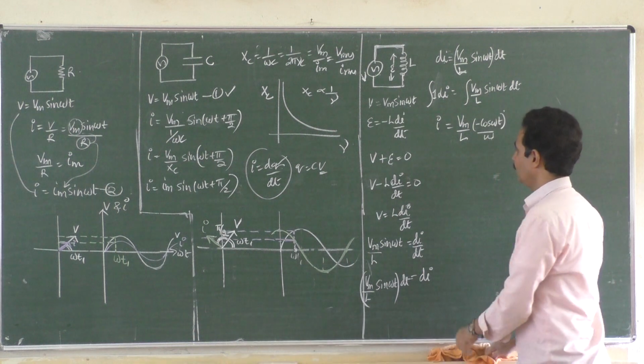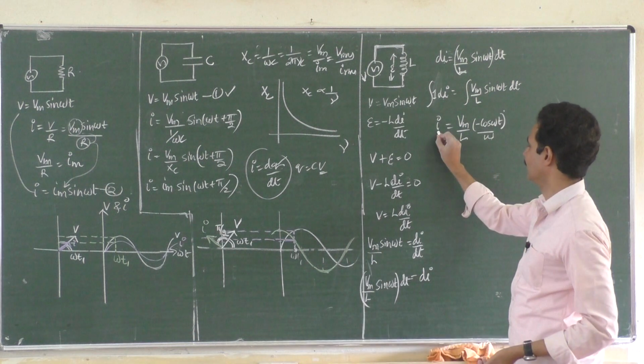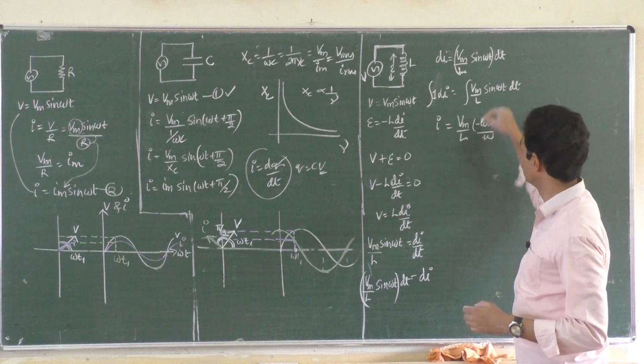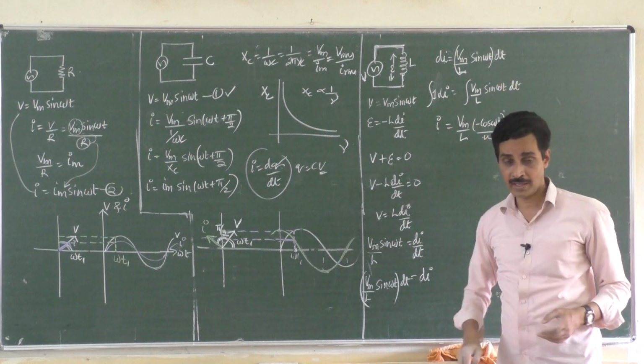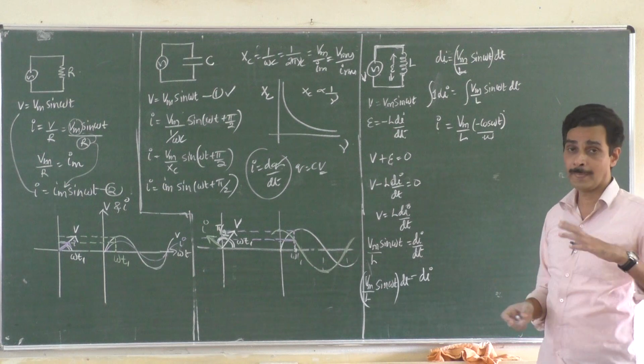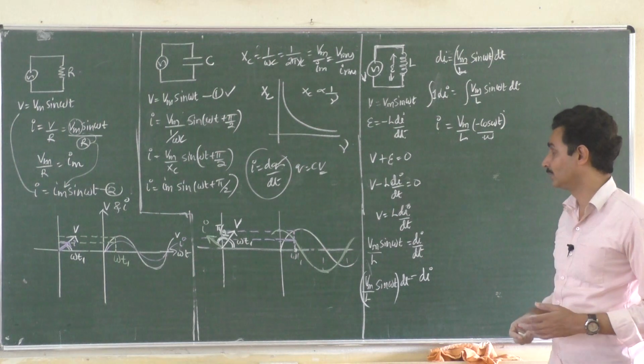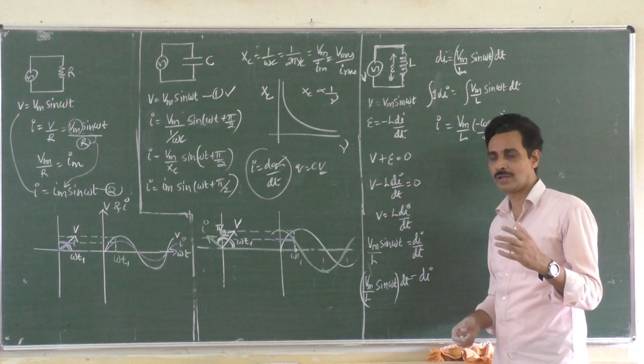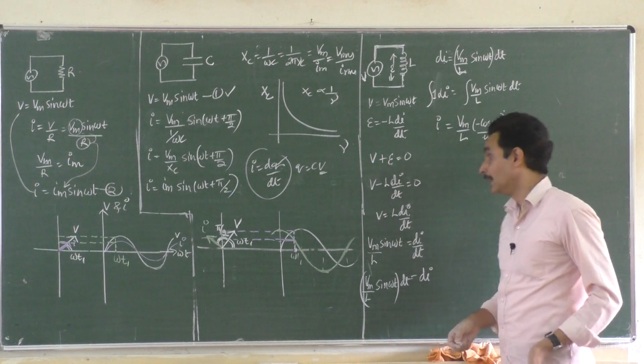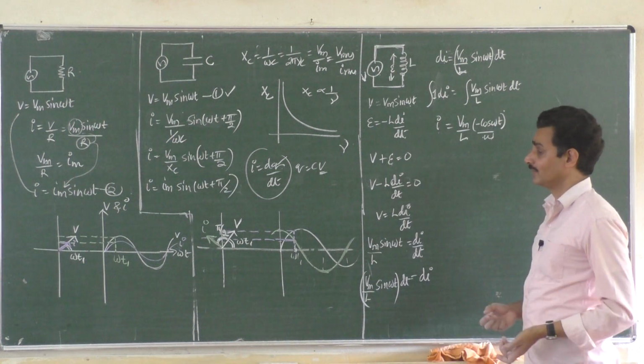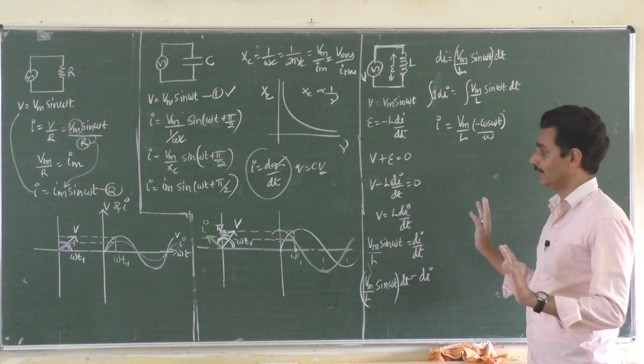For example, if you differentiate this, you will get this back. I am explaining this because I think you don't have a very good hold on integration and differentiation. Once you start integration and differentiation in mathematics, these things are very easy.